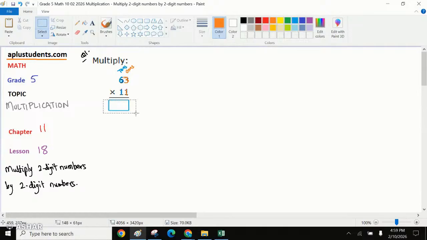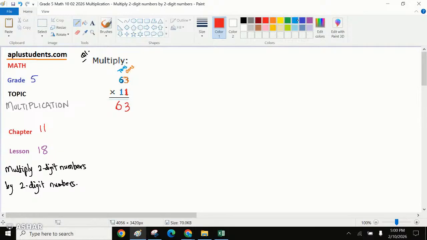So whenever we are multiplying these digits together, we need to multiply the ones with the ones first. See, we have two numbers, one at the top, one at the bottom. So if this 11, 1 multiplied by 3 would be 3. 1 multiplied by 6 is 6.